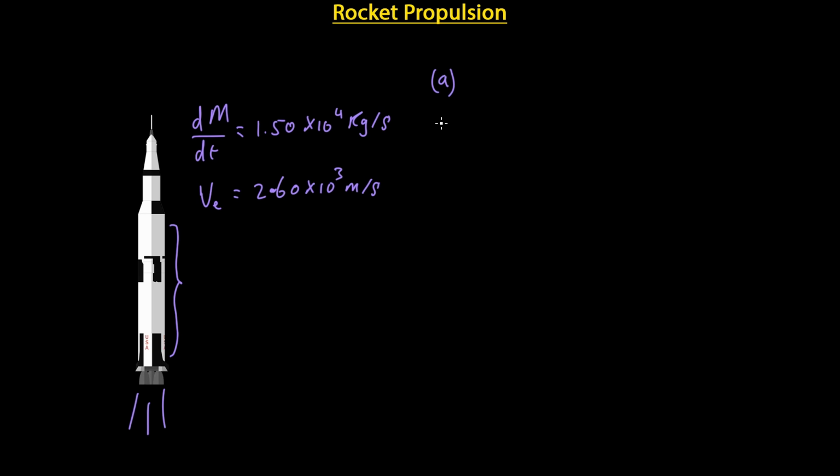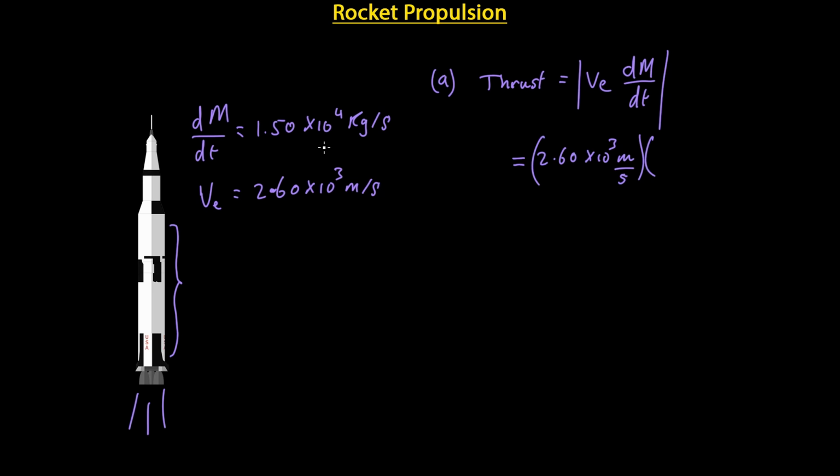How can we calculate the thrust produced by these engines? So the equation for thrust is equal to the absolute value of the velocity of the exhaust multiplied by the burn rate, so the rate of change of mass of the rocket. So 2.60 times 10 to the 3 meters per second multiplied by the burn rate, which is 15 tons per second, 1.50 times 10 to the 4 kilograms per second.